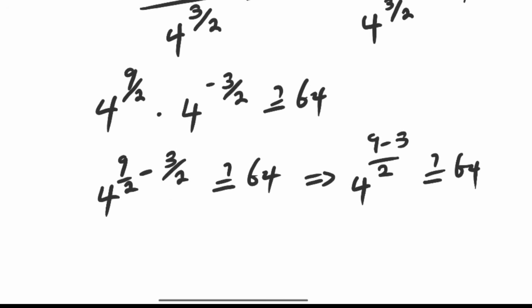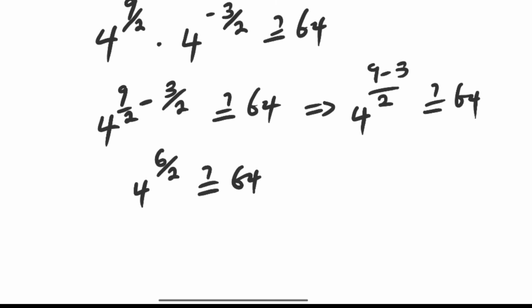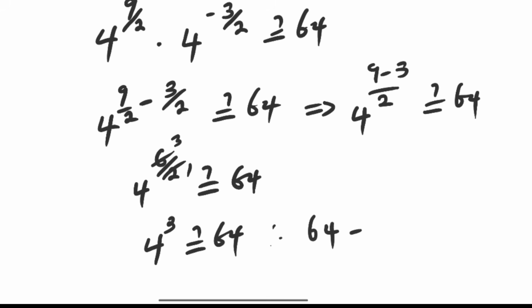So here we have 4 raised to power 9 minus 3, that is 6 over 2 must be equal to 64. Then 2 here, 1, 2 here, 3. We have 4 raised to power 3 must be equal to 64. Therefore, 4 raised to power 3, this is 64, is equal to 64, which is true.